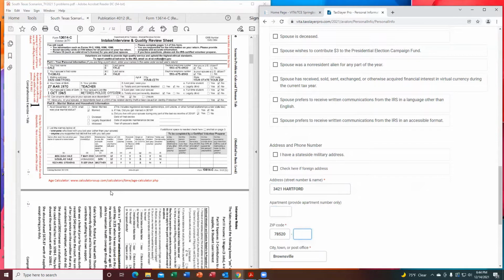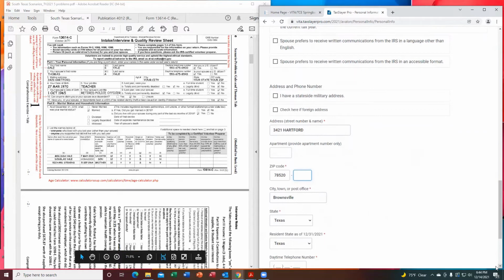One of the things that I forgot to mention as I was creating the return, remember that as we provide services, we have recurring clients. And as recurring clients, when we first enter their primary social security number, the system by default will tell us that this client has information from a tax return from the previous year.